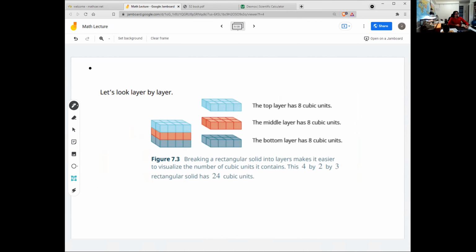Okay, so if you're trying to find the volume of any shape, it's the area of the base times the height. And the best way to think about this is skyscrapers. Your shape will have some area of the base. The bottom layer has 8 units in it. We got this because it had a 4 and a 2, and 4 times 2 is 8.